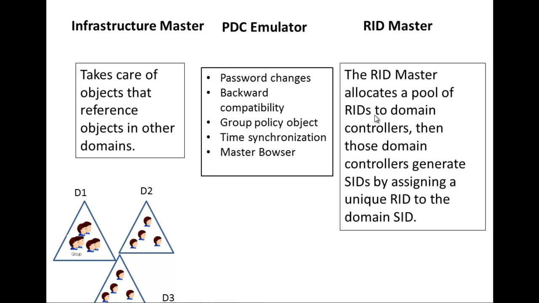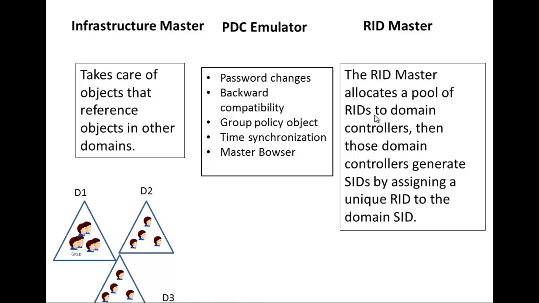But when that RID pool is exhausted, then you won't be able to create objects in Active Directory anymore, because you won't be able to give the object an ID. So if there is no pool of IDs, you cannot create an object, can't create a user, can't create a computer, because there is no ID to be given to the object.